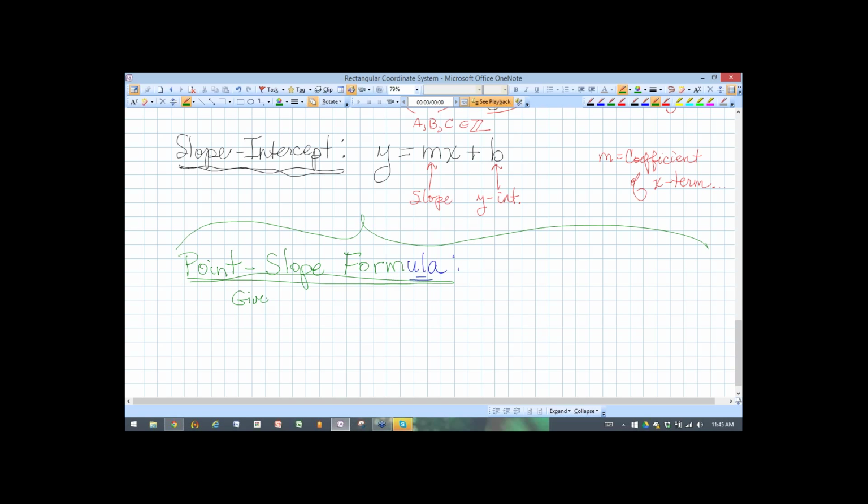Given a point on a line, (x, y), from a line, and the slope of that line, and the slope, of course, m of that line, the same line, then the equation of the line in question is given by this.